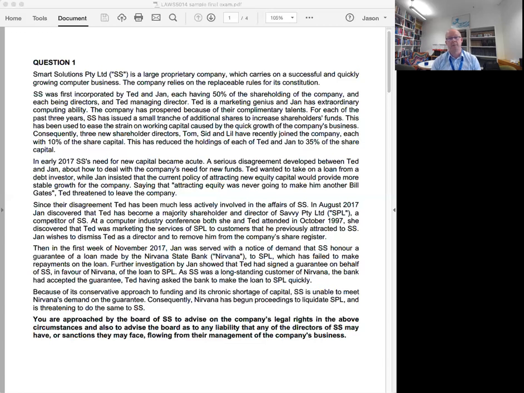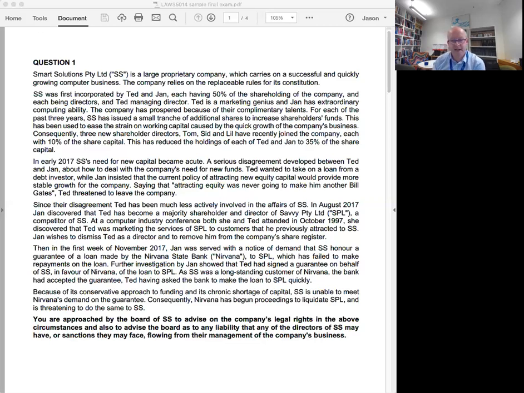Even if it is for a proper purpose, you still need to have procedural and substantive fairness. Are you going about it the right way, giving enough information, offering a fair price, etc.? And of course, with Gambotto, there's then a reversal of the onus of proof. So the party who's proposing the constitutional amendment then has the onus to prove that it is for a proper purpose and that it is both substantively and procedurally fair.